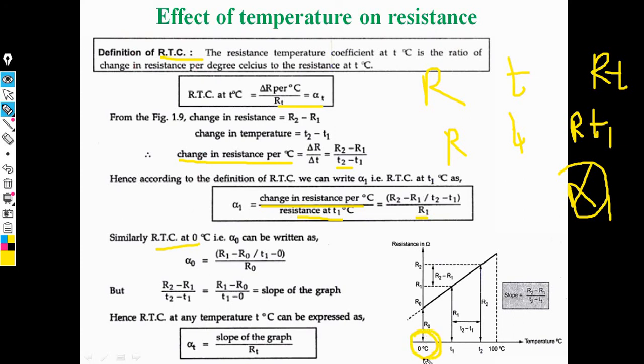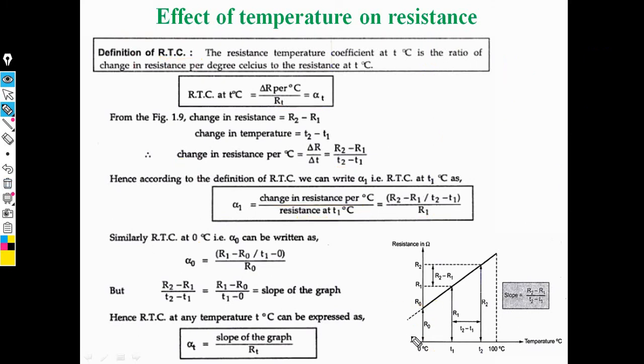It's here 0. Then here we have considered R1 minus R0, that is we have obtained at 0 degrees Celsius R1 minus R0, then the temperature is T1 minus T0.